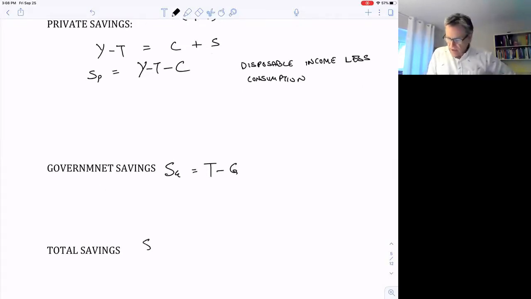Total savings is going to be private savings plus government savings. And what is that?